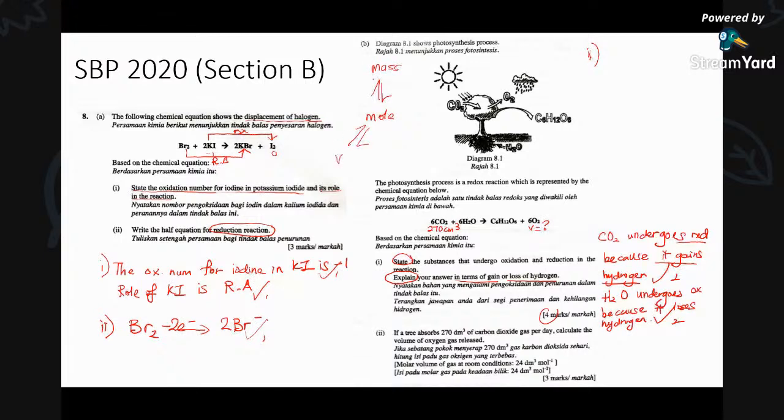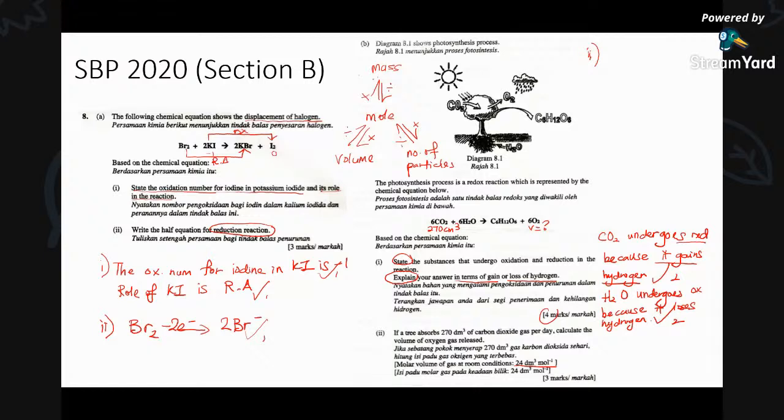You have mass, you have volume, and you have number of particles. So anything that goes inside supposed to be divide, anything that goes outside must be times. So now you are going to convert the volume over here to number of mole. So you have to check what is the condition given. Is given room condition.